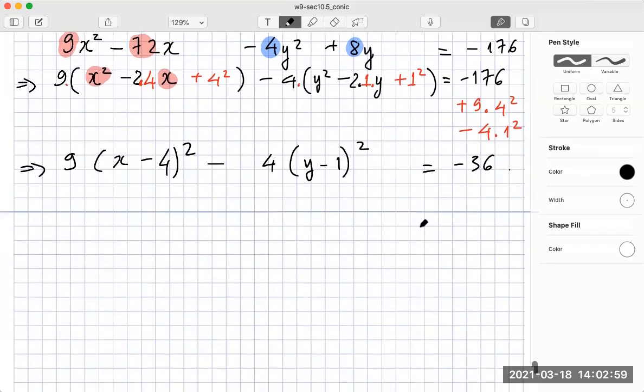So now for the equation of this conic, we want the right-hand side to be the number 1, right? So what should we do here? Divide by negative 36, right? Very good. And therefore, the right-hand side becomes 1, and the left-hand side becomes 4, right?